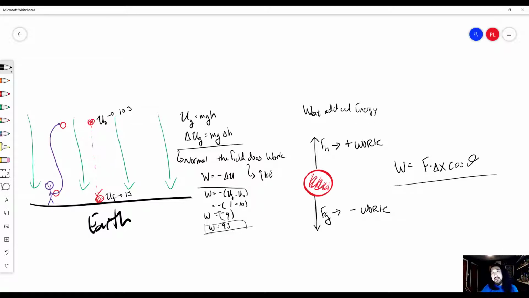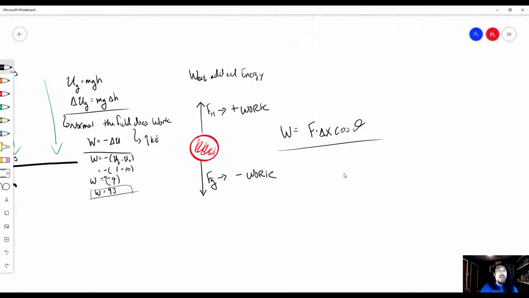What that simply means is that if the force vector and the displacement vector are in the same direction, then we have positive work, such as this ball. This ball is moving upwards, and the force is also upwards. We have positive work being done.